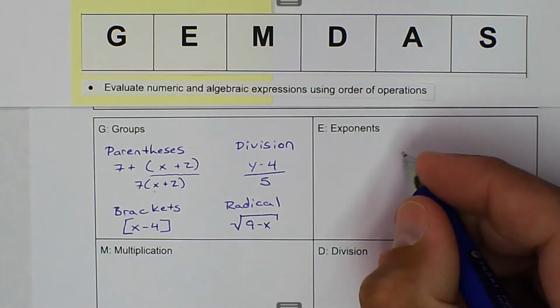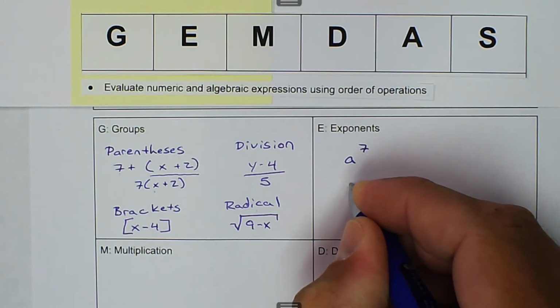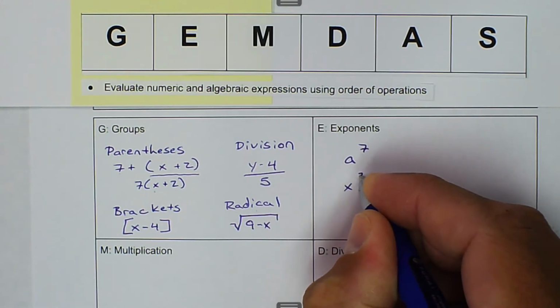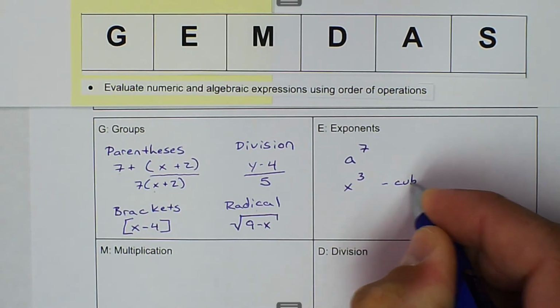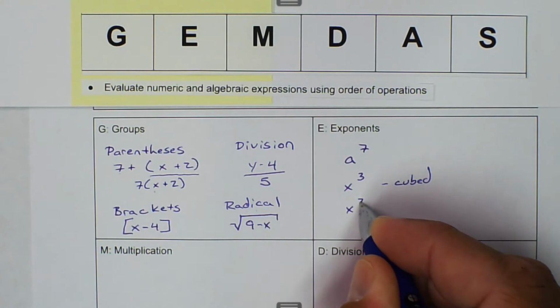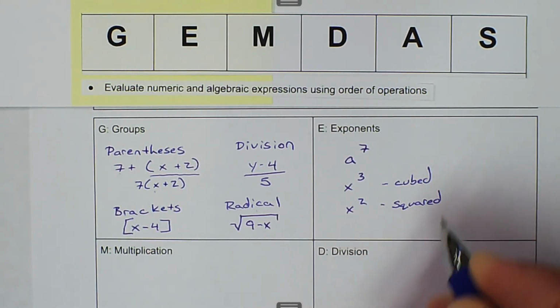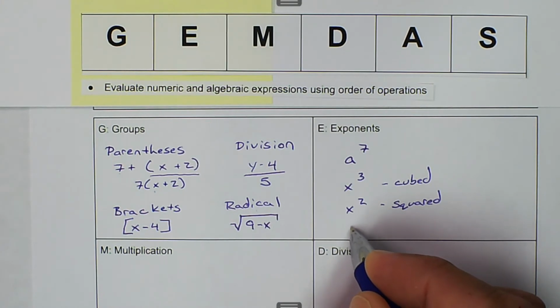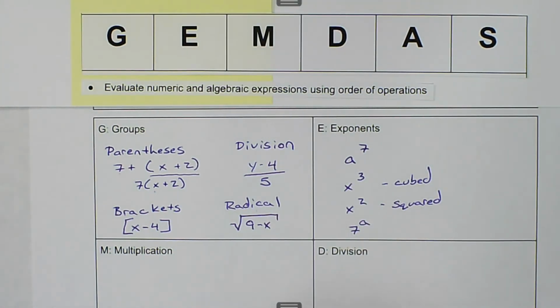Different exponents that we could have. We could have a to the 7th. We could have x cubed. We could have x squared. We could have 7 to the a, raised to the a power.